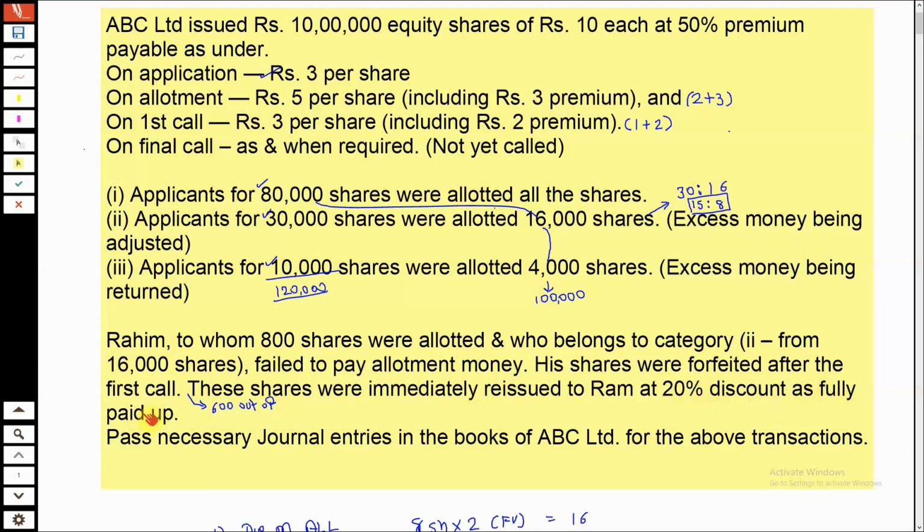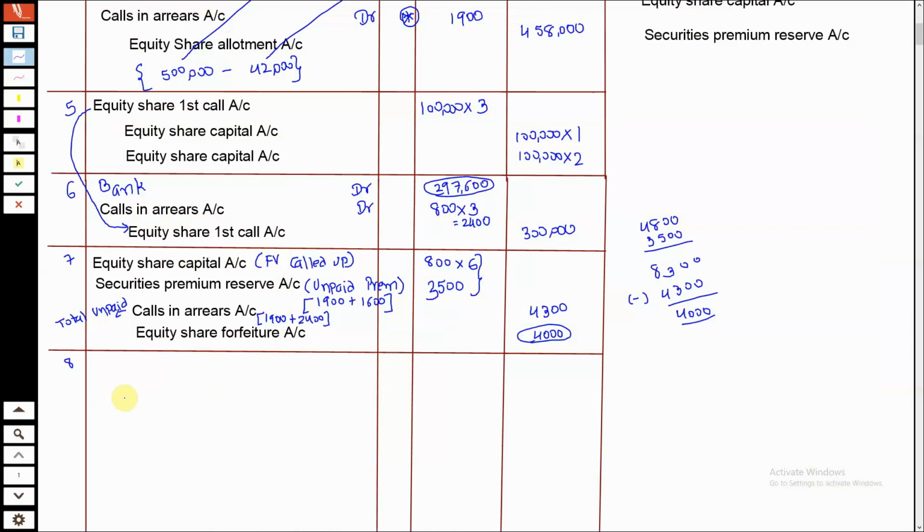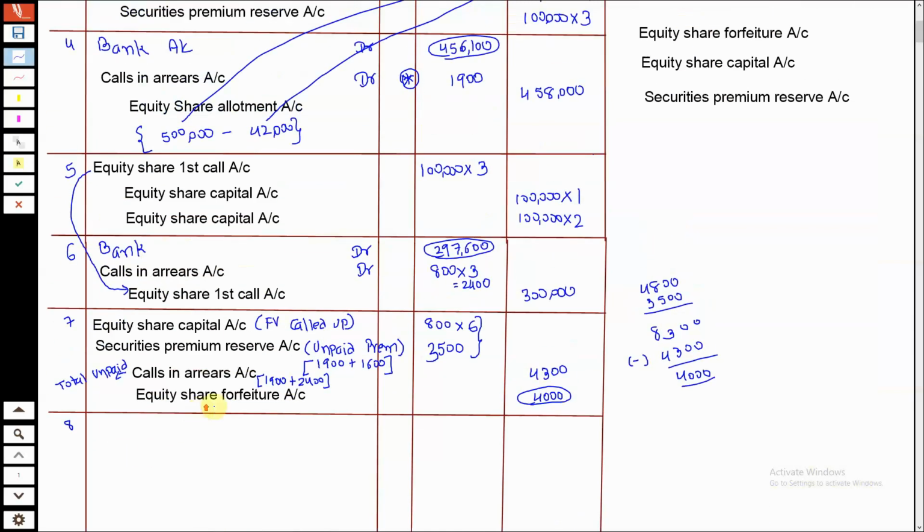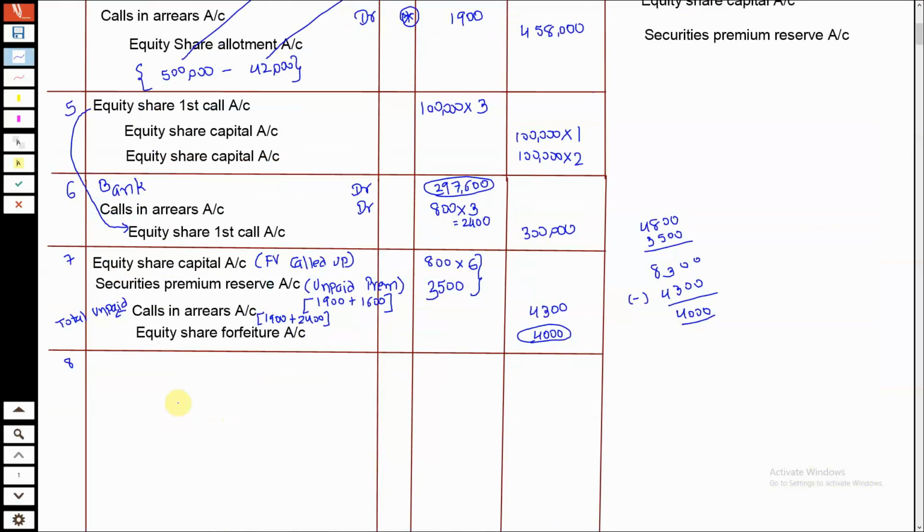When they say as fully paid up, capital में पूरा का पूरा face value credit करेंगे, यानी 10 rupees capital में credit, but 2 rupees we will give you the discount. So here again, when you reissue the shares, you first of all receive money. So on these 600 shares you must have received 8 rupees.